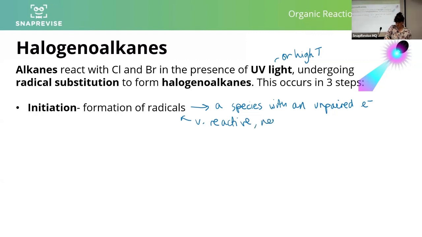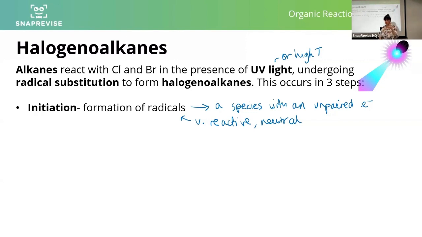They are also, just as a common issue, neutral. A common thing that we think about when we draw, for example, a chlorine radical, is you think, well, because it's got an electron that's on its own, it must have a negative charge. It doesn't. They're neutral, because a chlorine atom with an unpaired electron, because it's got 7 electrons in its outer shell, so one of them is unpaired, has got, how many has chlorine got? 17 electrons, 17 protons.